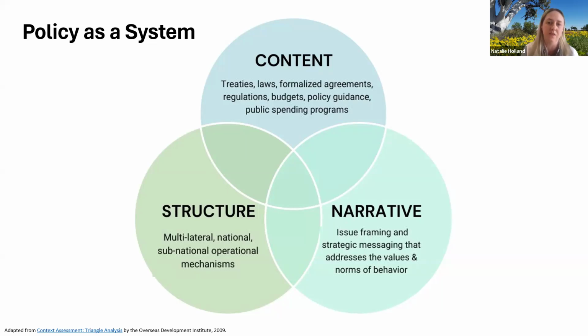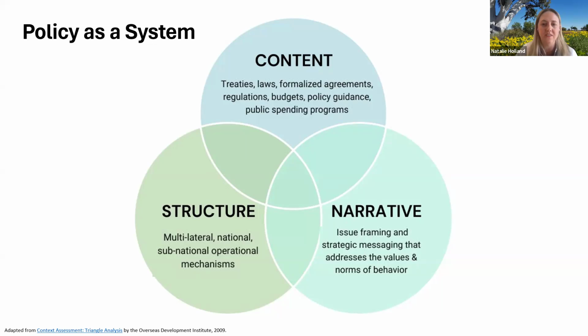And they're obviously interlinked and overlapping, but the way we describe it, the content is the actual treaties, the laws, the formalised agreements, the regulations, the budgets, policy guidance that makes up the content of the policy system. Policy structures are the national or subnational operational mechanisms.